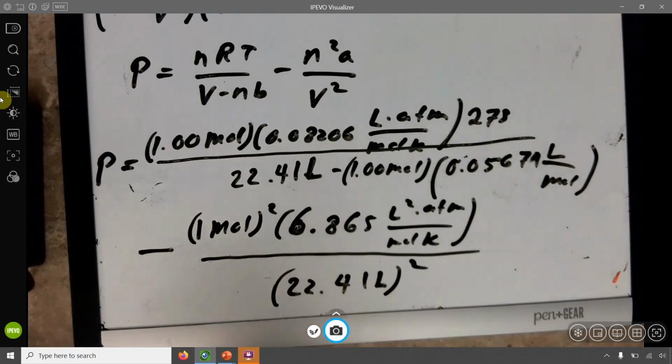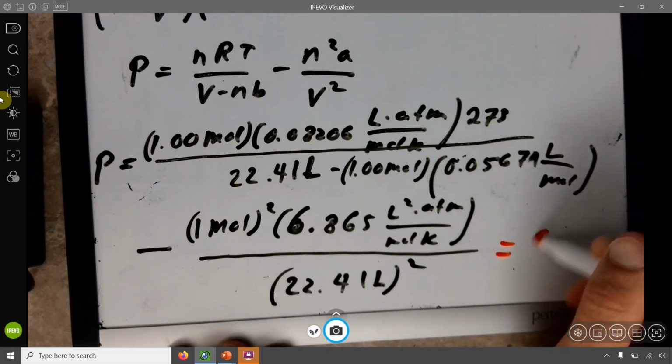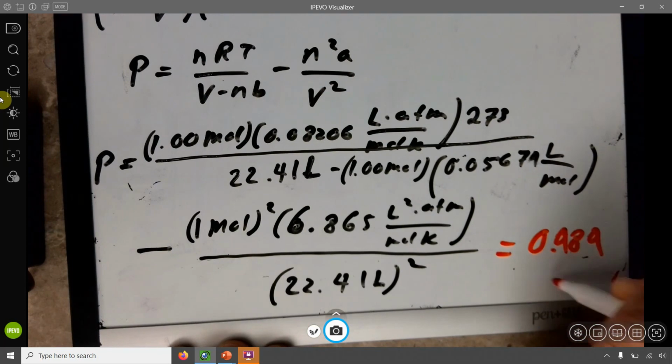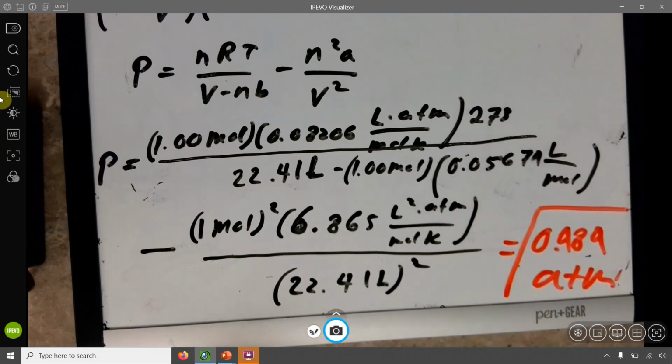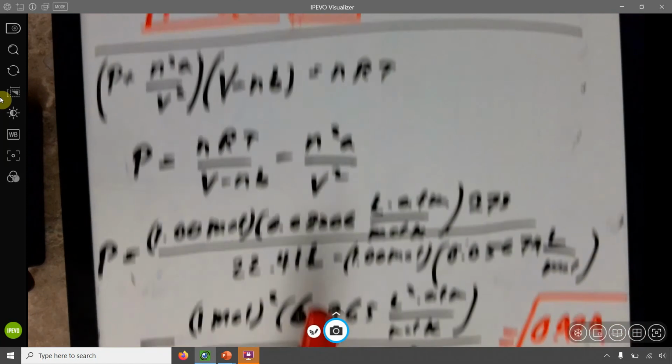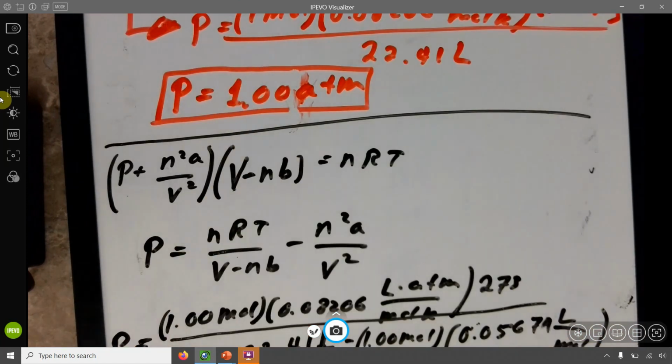Okay? And if you were to put all of this in, you get 0.989 ATM. And you can follow through here, you can see all the units cancel and you get ATM. So you can see if I use van der Waals, I get 0.989, and here it is 1.00 ATM. So it's not exactly the same.